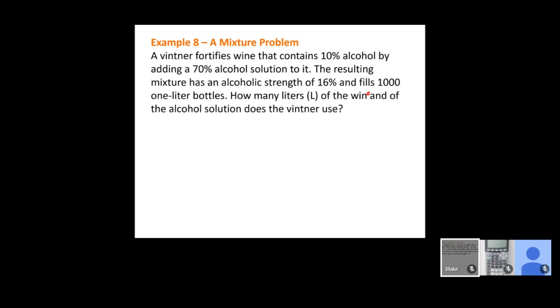All right, so again, my first step, I'm always looking to see what am I trying to solve for so I can define those variables. How many variables do we need this time? 2, right? We're looking for how many liters of wine and how much alcohol solution. So what variables do you want to use this time?